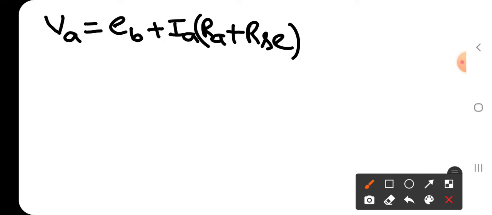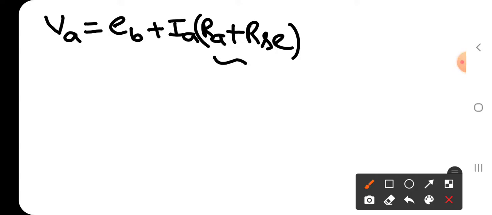This is when it is converting electrical energy to mechanical energy. When it is converting mechanical energy to electrical energy, the equation changes to E is equal to V plus IA into (RA plus RSE). But now, let me consider VA is equal to EB plus IA into (RA plus RSE).